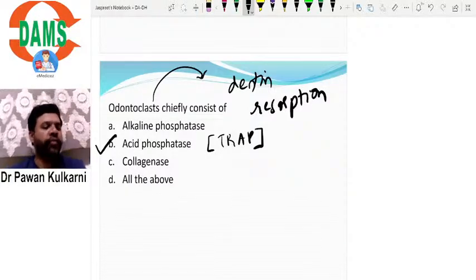Joy, there is a question: if orthokeratinized and parakeratinized are types of keratinization, then why does the parakeratinized layer not have stratum granulosum? I'm really sorry, you have understood wrongly. In the parakeratinized layer, you will see stratum granulosum. It is not that you will not see it. In the orthokeratinized layer, it is prominent.